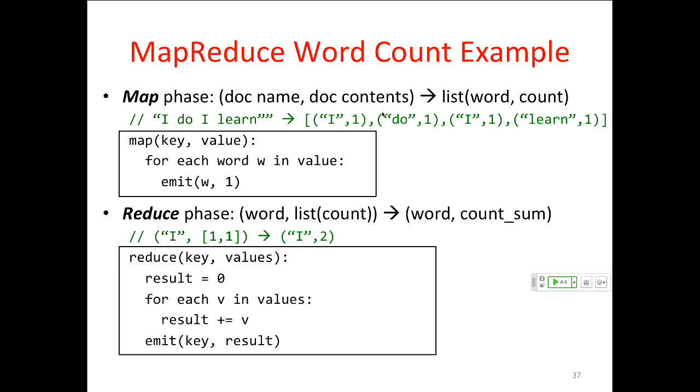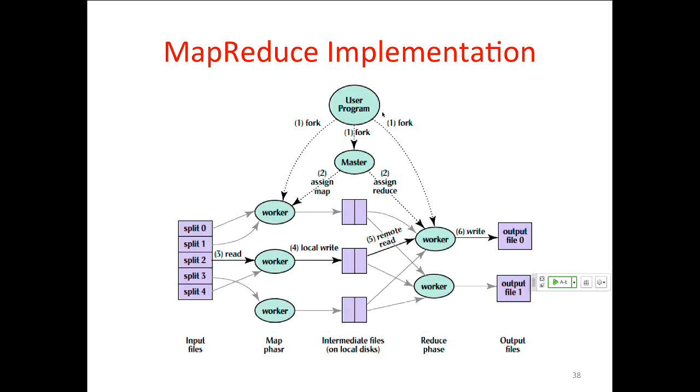Okay, so then let's move on to how it's implemented on a warehouse scale computer. Here you have a program written with MapReduce APIs, and then you have a master server to control the entire task.